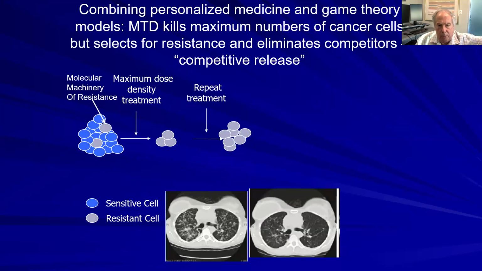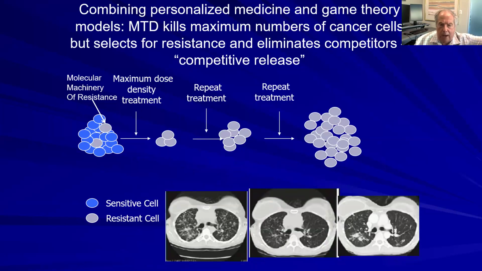You can continue therapy, which is the way this is done, again, constant, continuous application of the same treatment, and there is no further benefit to the patient. In fact, by using this approach, you elicit a response called competitive release, in that you intensely select for resistance, and you eliminate the possible competitors to the proliferation, so they can essentially proliferate unopposed.